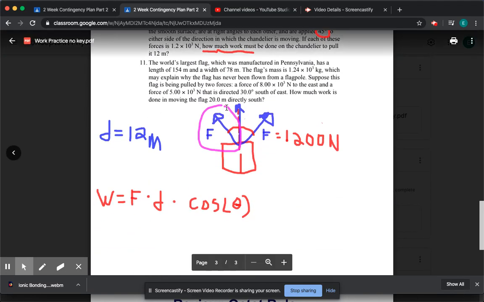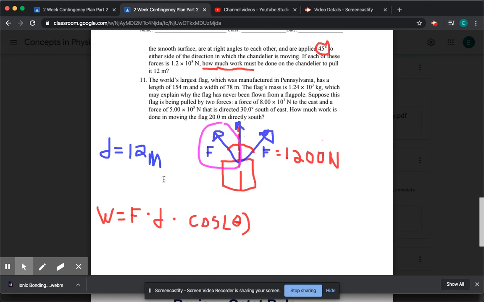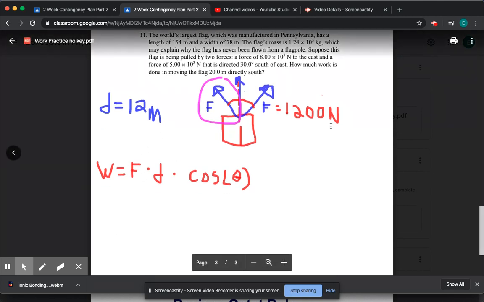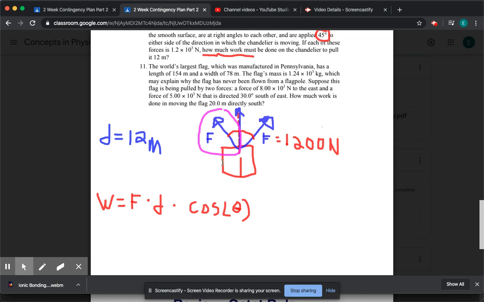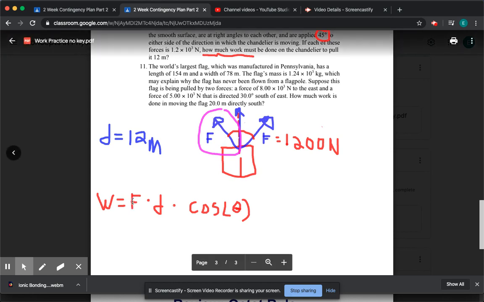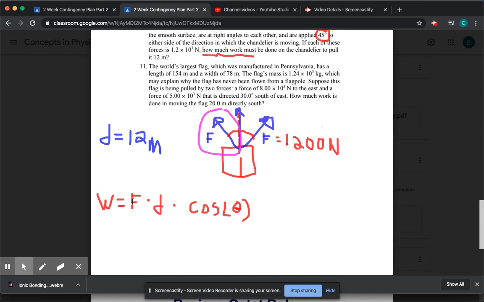So back to the problem. Let's say we're ignoring one of these arrows. The F would be 1200, so you would plug in 1200. The D would be 12, you'd plug in 12. And cosine of the angle would be 45, you'd plug that in and you would get your answer. But now, because we have a second force, we need to add that to the F. Now, this is actually very simple to do in this case because this force happens to be exactly the same as this force and the same angle.